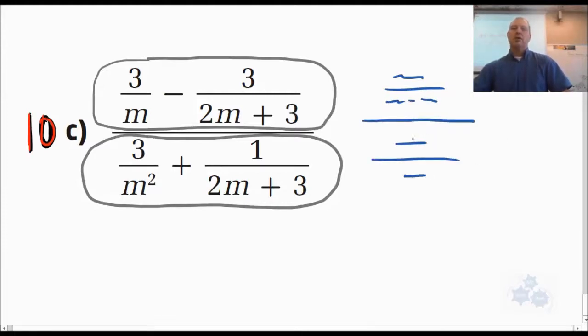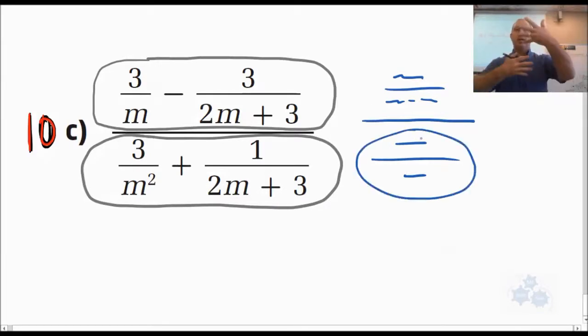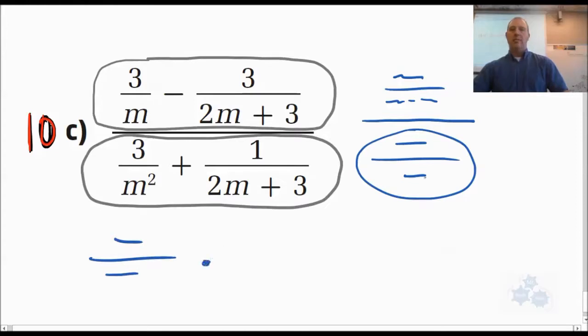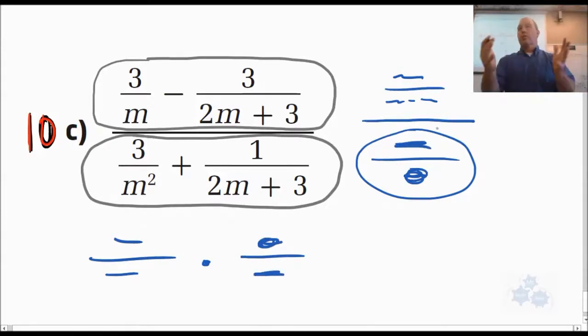So you flip and multiply this bottom one. You flip it and multiply by the reciprocal. So then this is your top one times this over this one. So you flip it and you multiply, and then you go through that procedure.